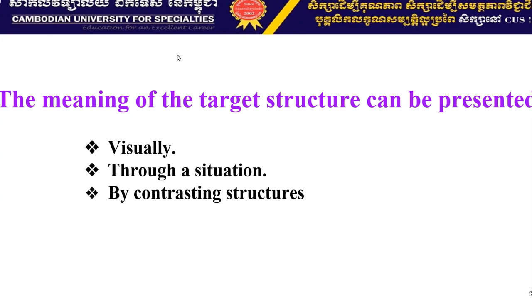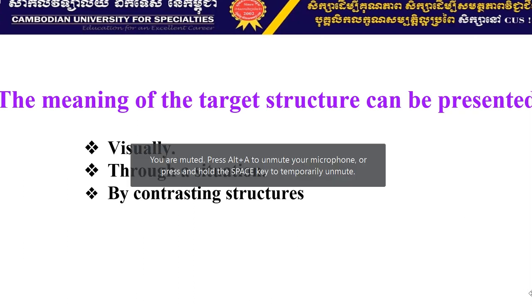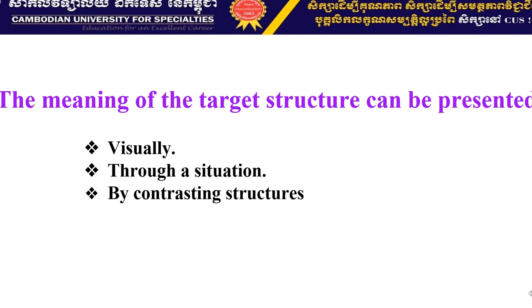So the word visually here means the teacher can present the new language or structures by getting the student to see the things around, like the table or the chair or the picture or the school or something that they can see, such as a tree. For example, the teacher presenting a new language can get the student to see the things around, like a chair, or there is a chair, there are two desks or something like that. So the student can see, or the teacher might use realia, like bringing oranges or something that the student can see.